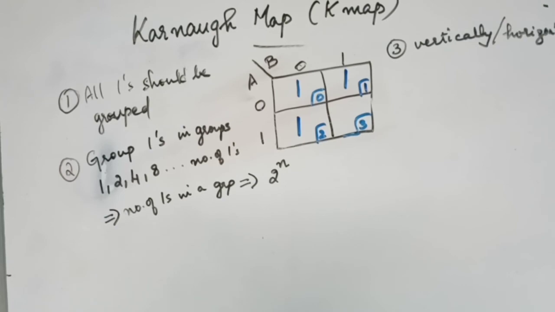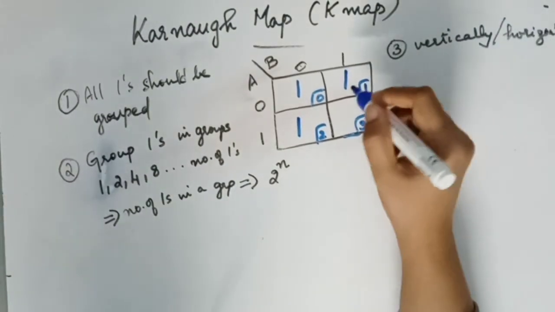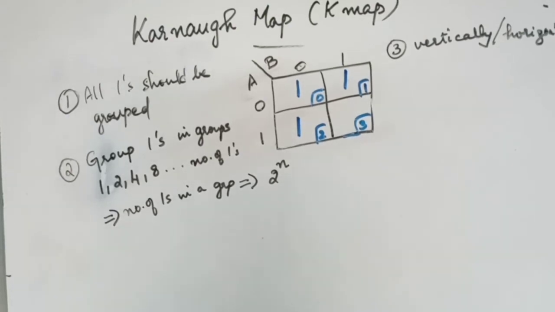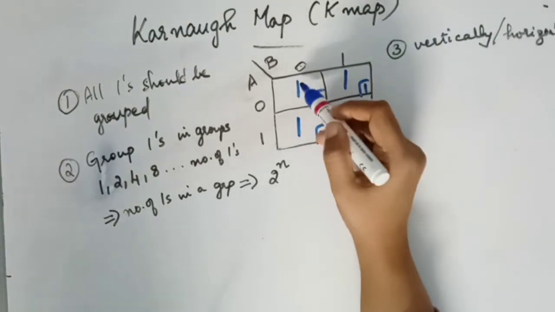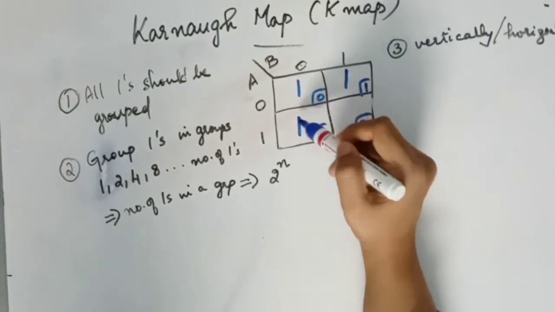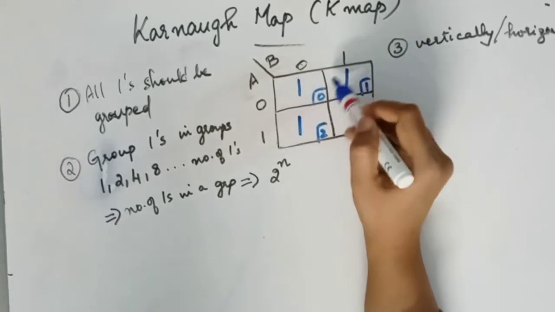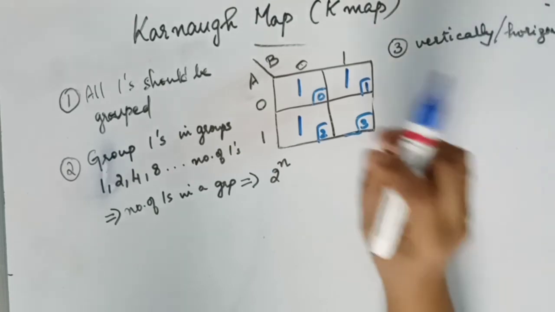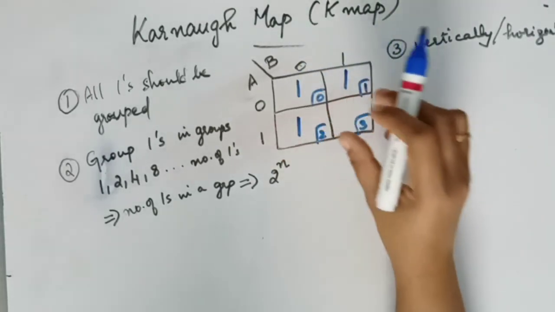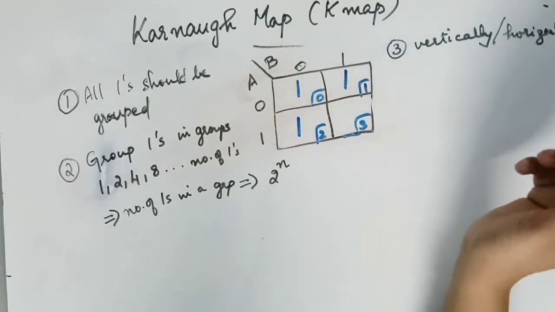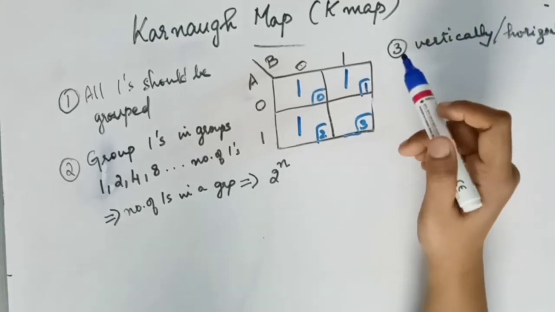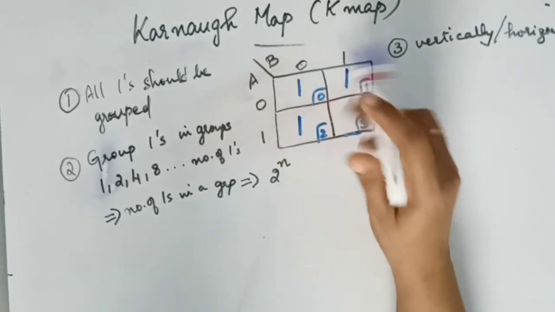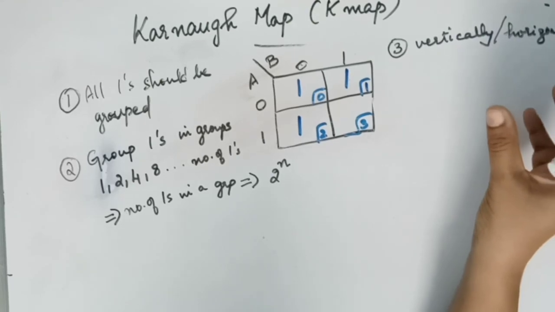Now another rule is that, the easiest way to group here will be single groups. You're grouping it in single forms. Okay, so if you group it in single ones, the problem is for each group you will be writing a product.